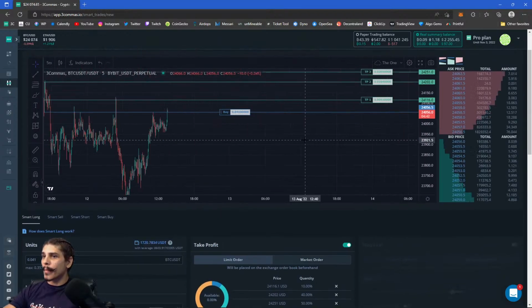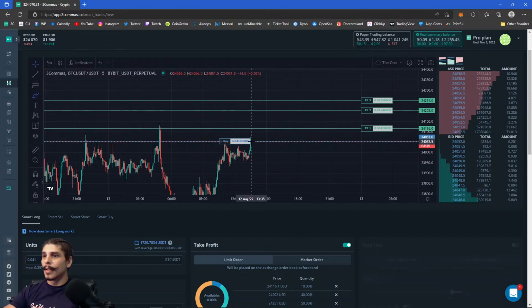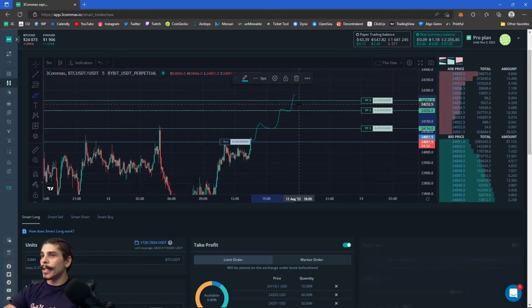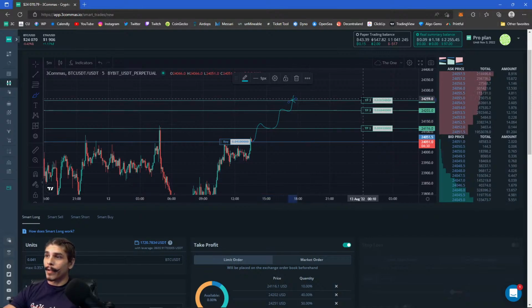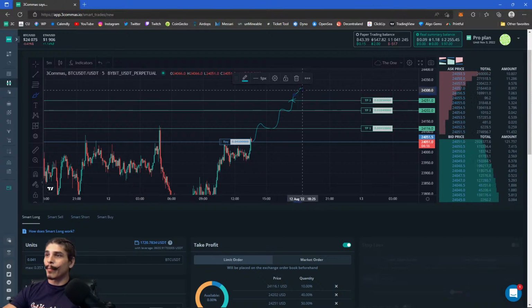So if price comes up here and we get take profit here, instead of exiting right here at take profit 3, it's going to wait for price to go up. If price goes up and does a pullback, if it pulls back 0.2% right here on this move, it's going to close out right there.